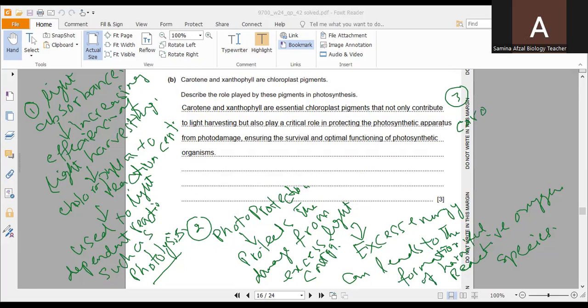Carotenes and xanthophyll are also structural components of photosystem 1 and 2.